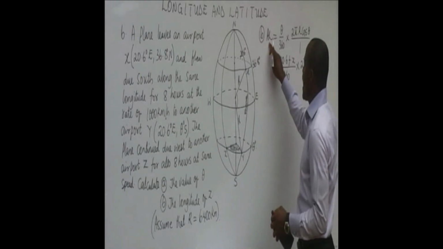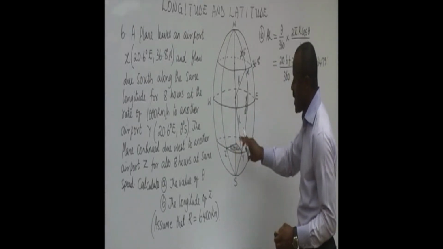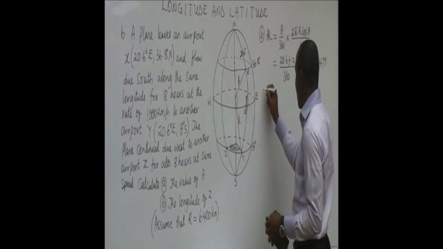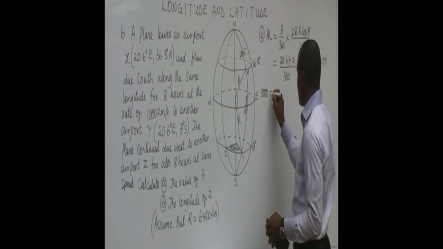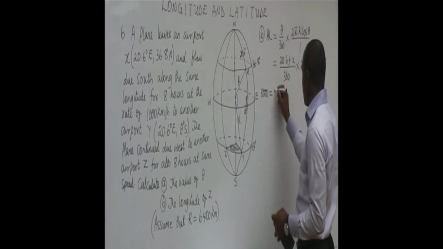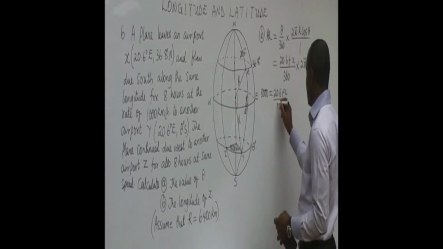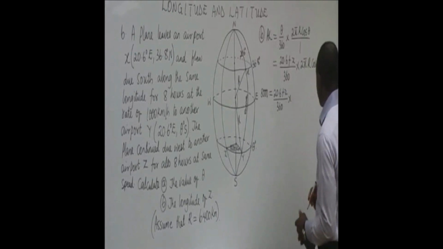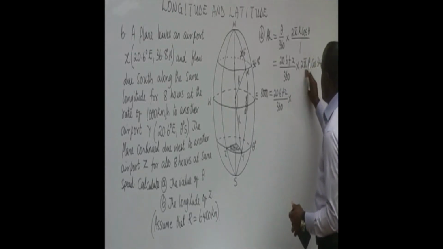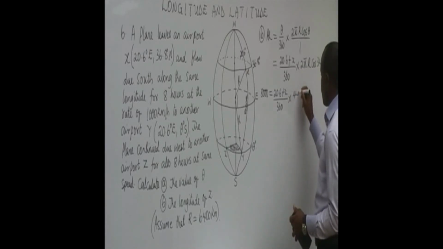Remember, the arc length is 8,000 kilometers. So we are going to have that 8,000 kilometers is equal to 20.6 plus Z all over 360 times 2 times 22 over 7, which is the meaning of 2 pi. So you have 44 all over 7.